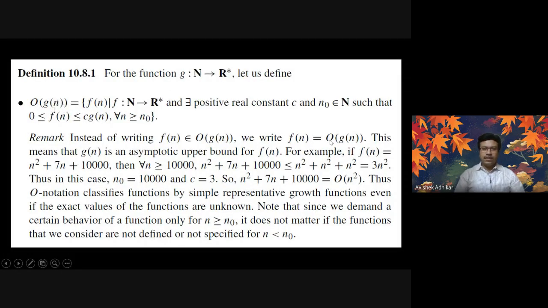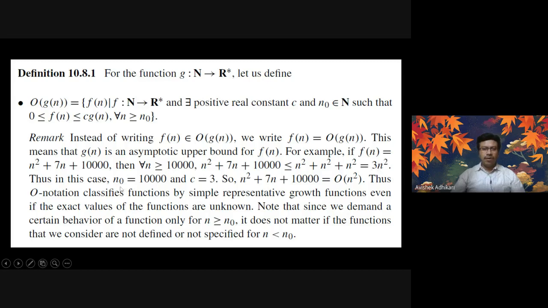So if you look at this, suppose my f(n) is n square plus 7n plus, say, 10,000. Now you see that for all n greater than or equal to 10,000, this value is less than or equal to 3 times n square.